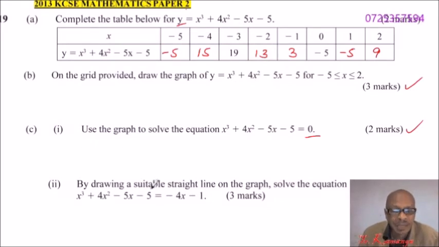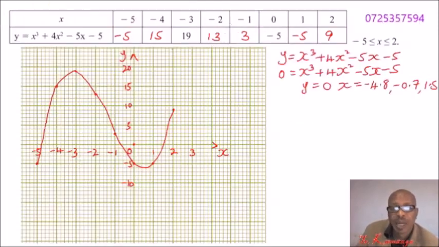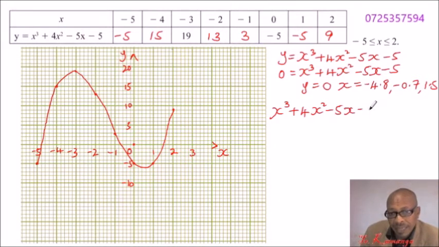The last part of this question: by drawing a suitable straight line on the grid, solve the equation x cubed plus 4x squared minus 5x minus 5 is equal to minus 4x minus 1. Let's go back to our grid. So you can see here the equation that we are supposed to solve is x cubed plus 4x squared minus 5x minus 5 is equal to minus 4x minus 1.